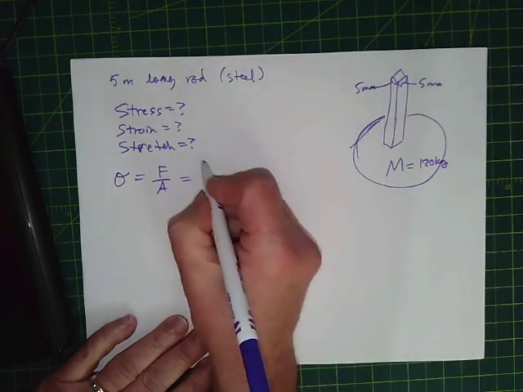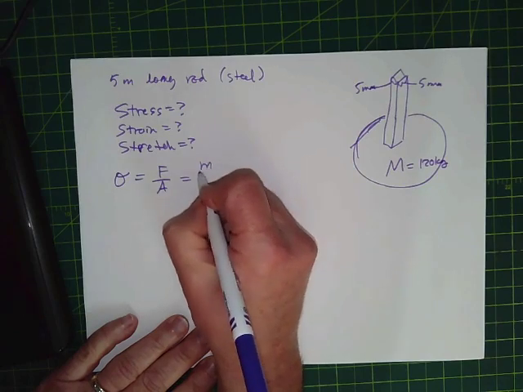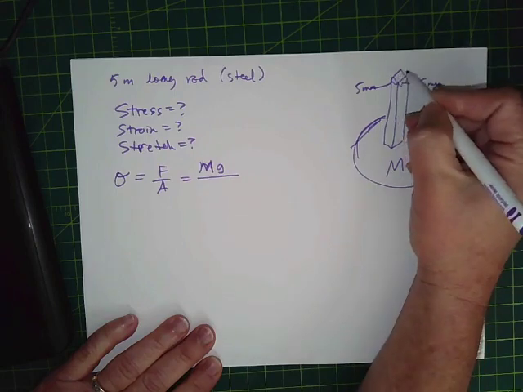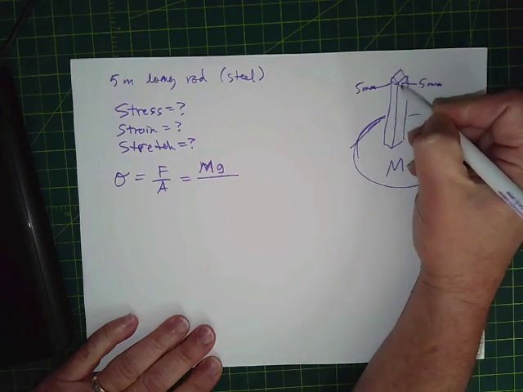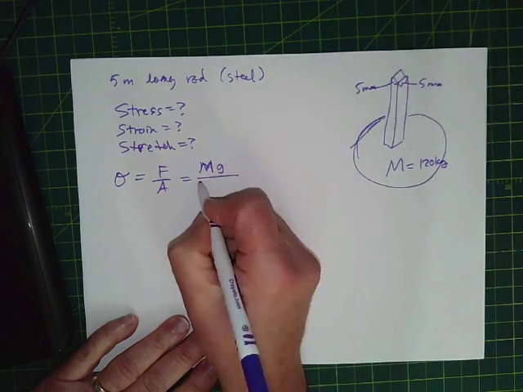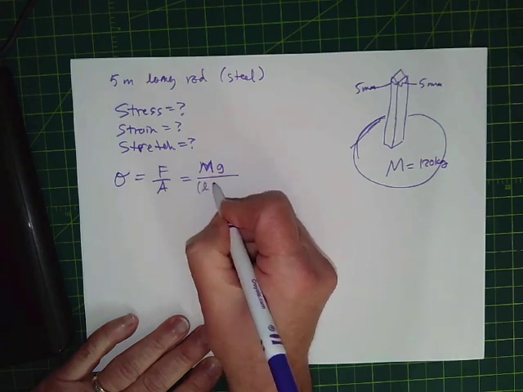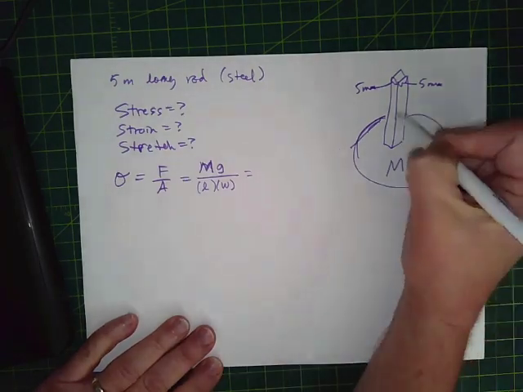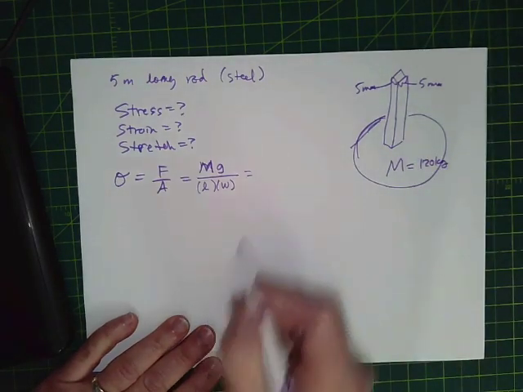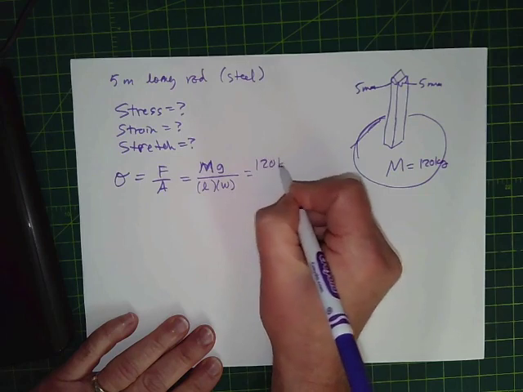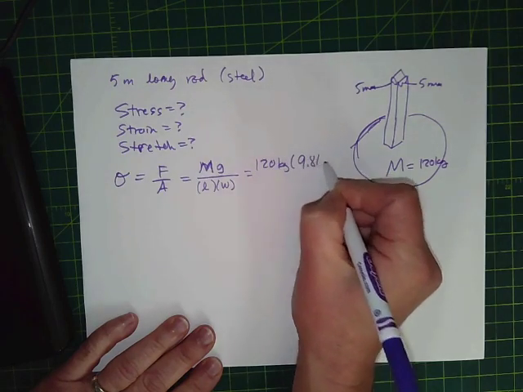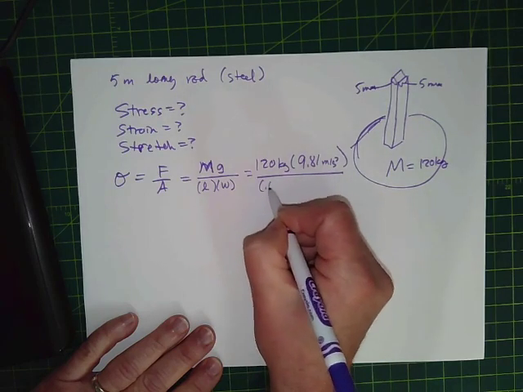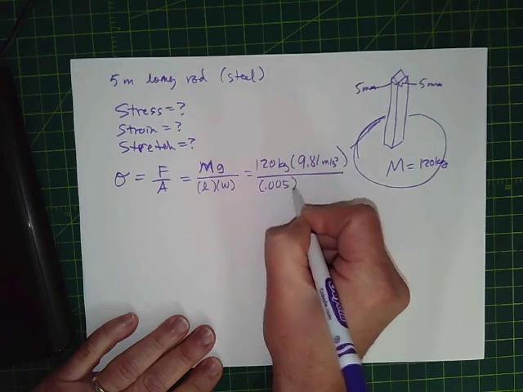So the force will just be M, we called it capital M, times g, and the area is the area that's feeling the force. So it's this length times width kind of area of the stick itself. Let's put in some numbers. We got 120 kilograms, and g is 9.81, and the length and the width are each 5 millimeters.